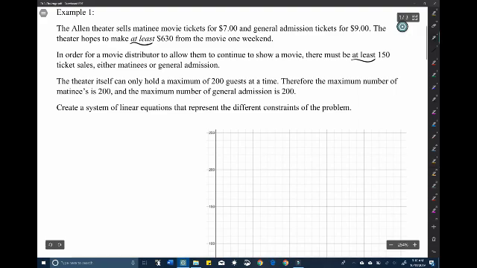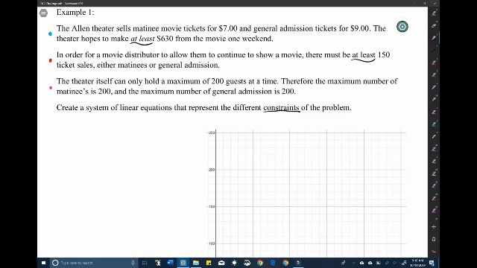So create a system of linear equations that represent the different constraints. Constraints we have are that they want to make a certain profit, they need to have a certain number of guests, and the theater itself has size restrictions. There's other types, but this is just a general problem here.